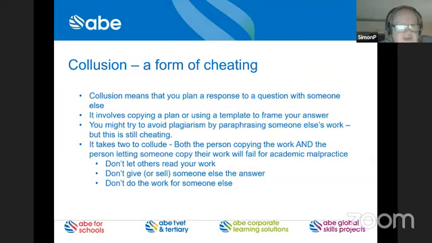The trouble is, unless you actually change everything within the structure, and particularly if it's a piece of work which has been derived from a learner who has already submitted an answer for the same unit, then Turnitin will not only be able to show that two learners or more have colluded, but can also identify the piece of work from the ABE student that has been used as the source base.